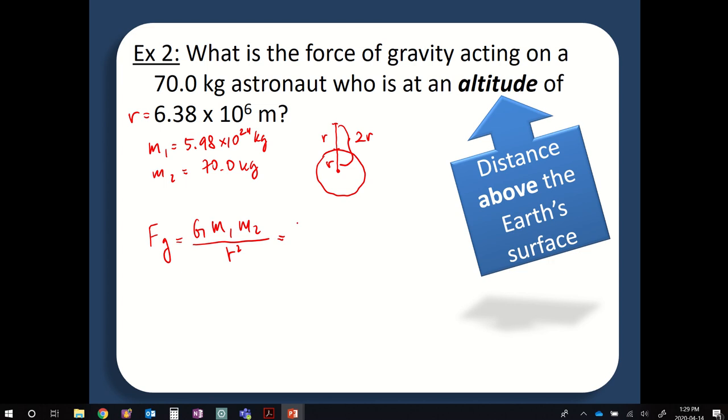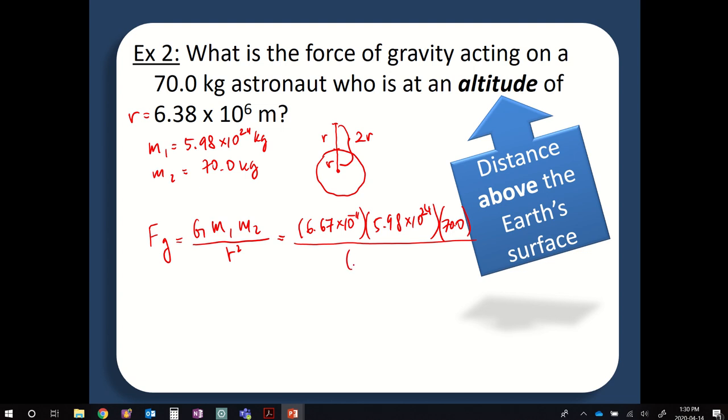So let's plug in our numbers. 6.67 times 10 to negative 11, 5.98 times 10 to 24, and times 70, over 2r.